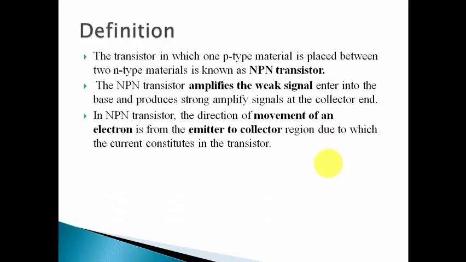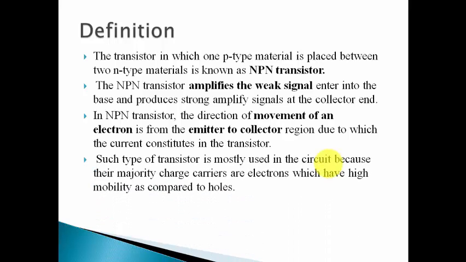In an NPN transistor, the direction of movement of electrons is from emitter to collector region, due to which current constitutes in the transistor. Such a type of transistor is mostly used in circuits because their majority charge carriers are electrons, which have high mobility as compared to holes.